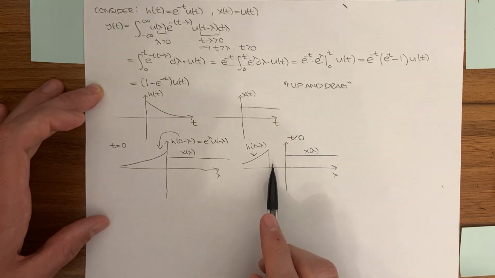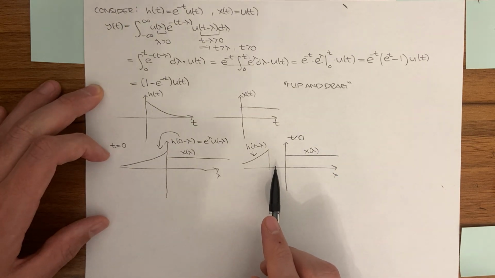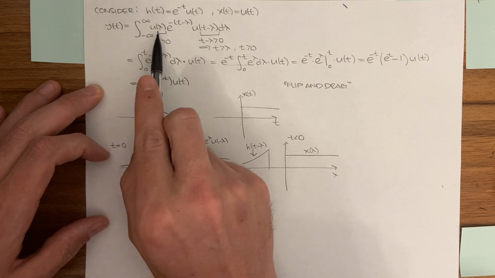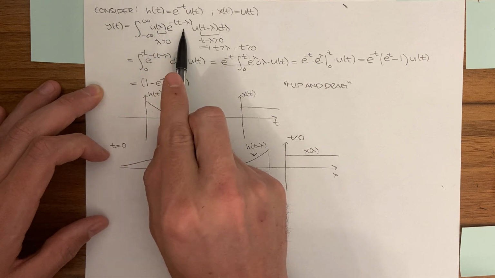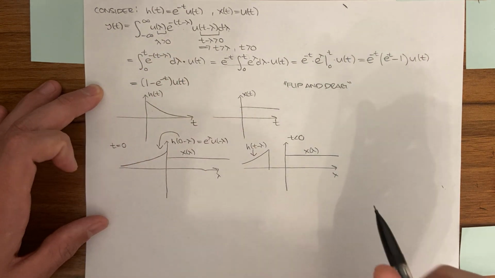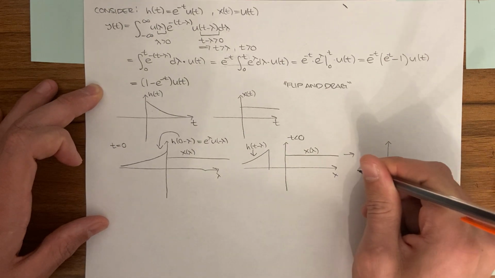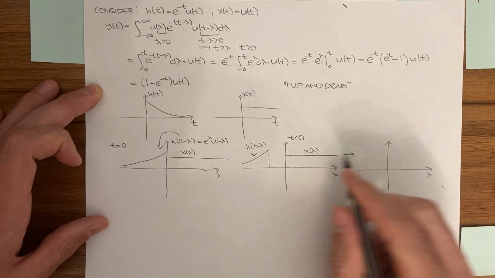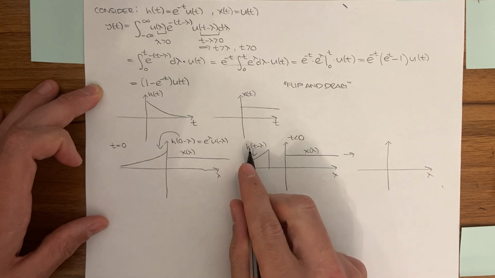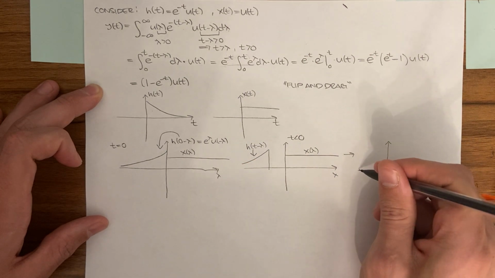So if you look at the convolution expression again, you have x of lambda multiplied by h of t minus lambda. If you multiply it all out, you've got nothing, because there's nothing going on between them.